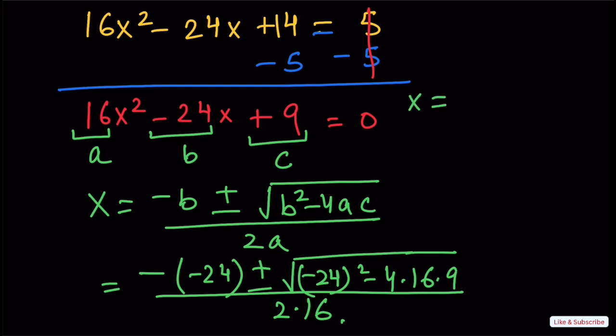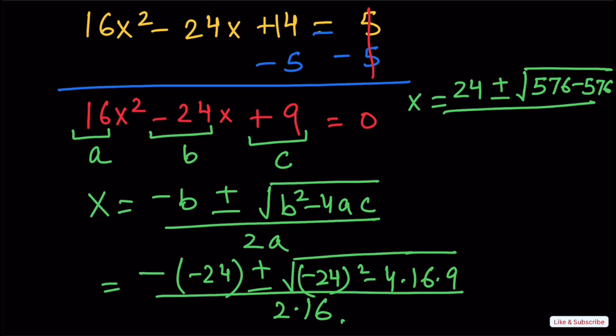Solving it further, what's negative of negative 24? That gives me positive 24. Plus minus root of, now what's negative 24 squared? That's 576. Minus 4 times 16, that's 64, times 9, that's 576. So it's 576 minus 576.